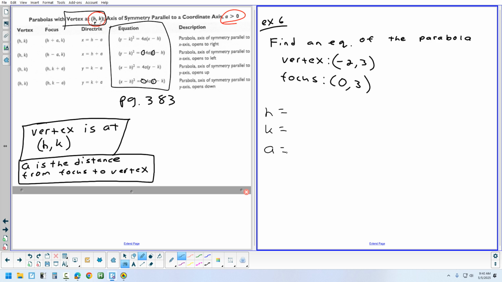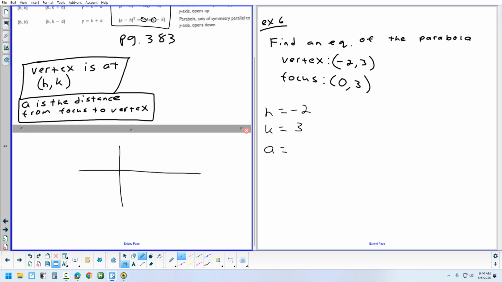Let's start with h. What's h in this problem? Yep. -2. What's k in this problem? Yep. 3. The vertex tells you h and k directly. The only thing we need now is a, which is the distance from the focus to the vertex.